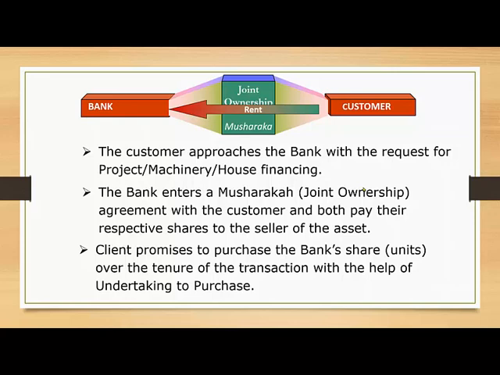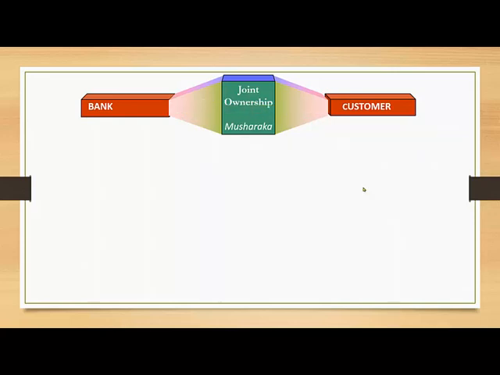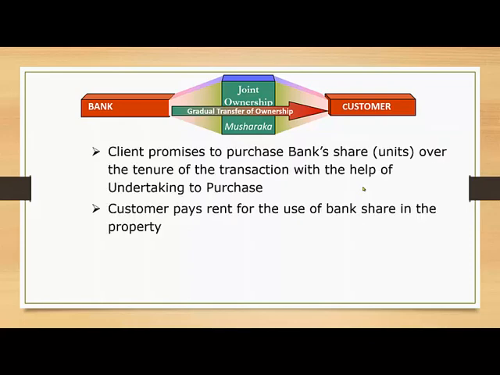So here you can see that the customer would pay rent to the bank. In this arrangement, the bank will gradually transfer the ownership, the units, to the customer. The client promises to purchase the bank share over the tenure of the transaction with the help of an undertaking to purchase, and the customer pays rent for the use of the bank share in the property.